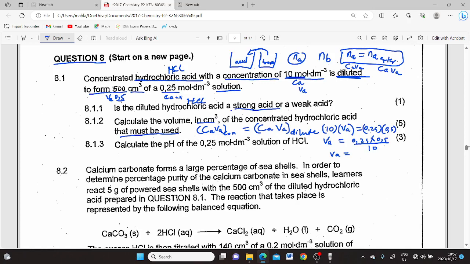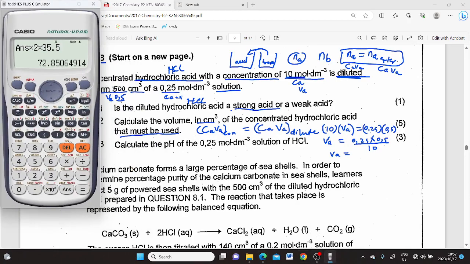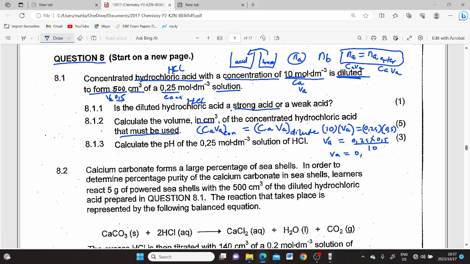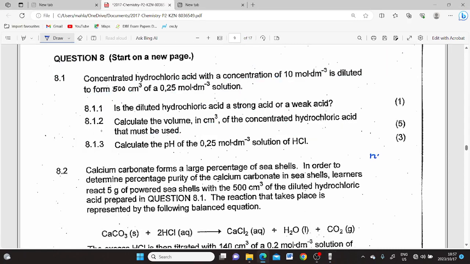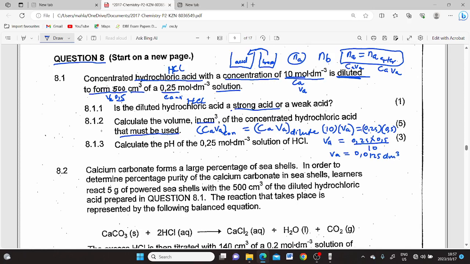Let's bring the calculator. So it's 0.25 multiplied by 0.5 divided by 10. This is 0.0125, but this is in decimeter cube.